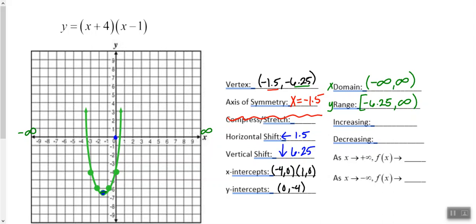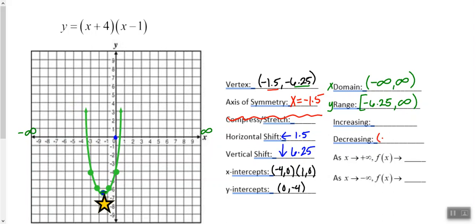All right, now with increasing and decreasing, I'm going to get my star back out. We're starting on the left because all we care about are the x values. So negative infinity because of this arrow. And we decrease to the vertex. Again, only caring about the x values.